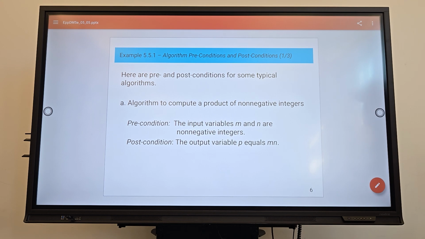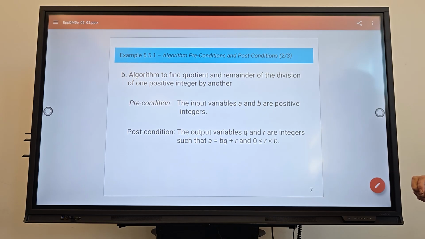Algorithm to compute a product of non-negative integers. Precondition, input variables m and n are non-negative integers. Postcondition, the output variable p equals m times n. Or an algorithm to find quotient and remainder of the division of one positive integer by another.